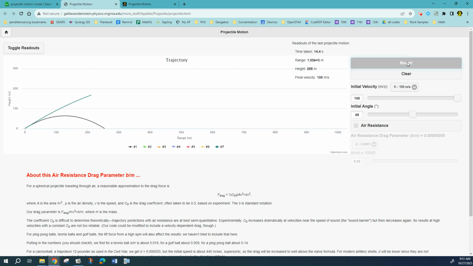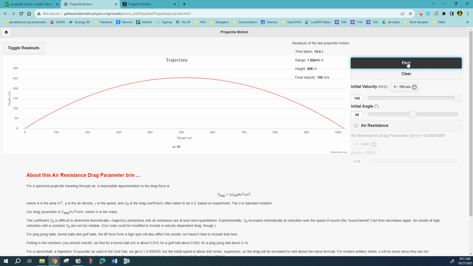Without air resistance, we get a range of 255. What do you think is going to happen if we shoot it with air resistance? Okay, yeah, so what do you think? When we shot it at 5, it didn't change it at all. Maybe this will change it a little bit, though.